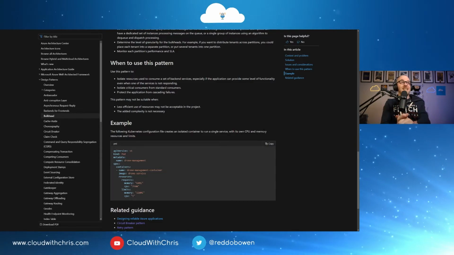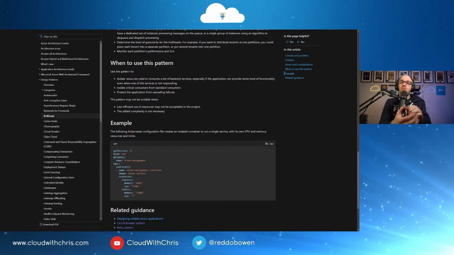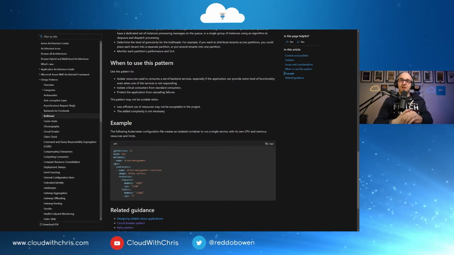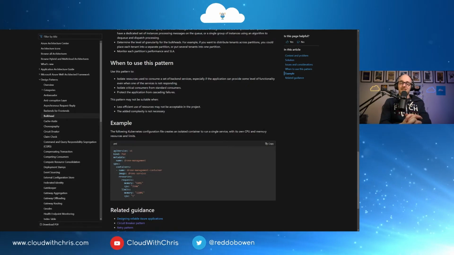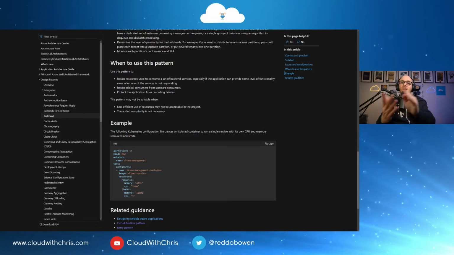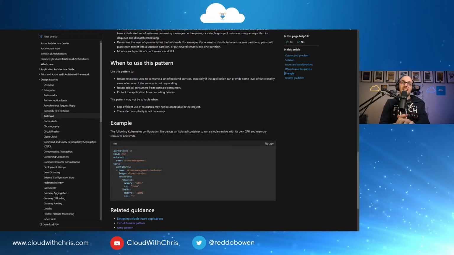So protecting against cascading failures and effectively knowing which are the crown jewels of your solution, of your application, right? Not everything is a diamond inside of your solution, someone very wise said previously. So you need to distinguish what are your paperclips, what are your diamonds, and which ones you need to protect more than some of the others, for example.